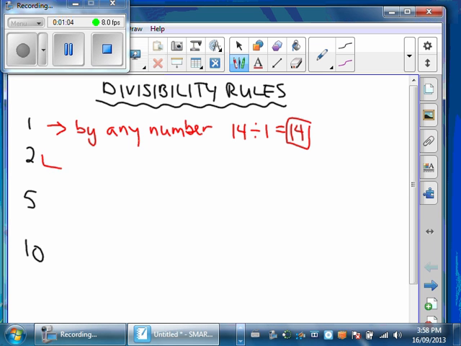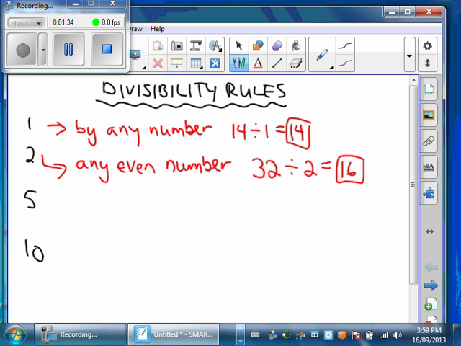Now the rule of 2 is a pretty easy one because 2 will divide evenly into any even number. Okay, so if you have any even number, alright, so we have 32 divided by 2 equals 16.